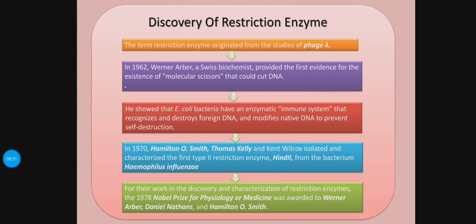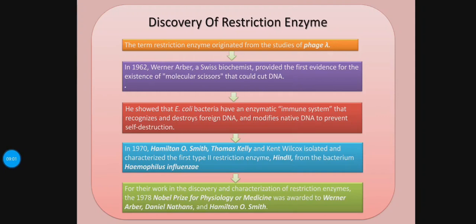And he showed that the E. coli bacteria have an enzymatic immune system that recognizes and destroys foreign DNA and modifies native DNA to prevent self-destruction. In 1970, Hamilton O. Smith, Thomas Kelley, and Ken Wilcox isolated and characterized the first type 2 restriction enzyme, HindII, from the bacterium Haemophilus influenzae.